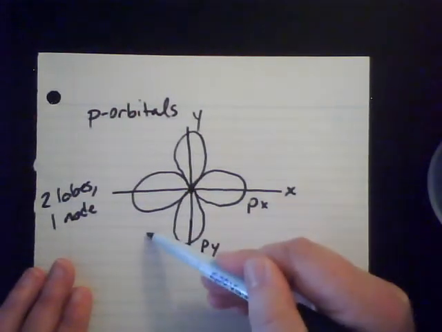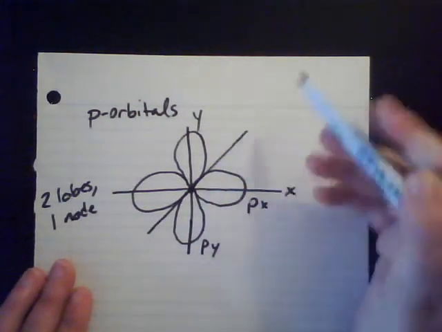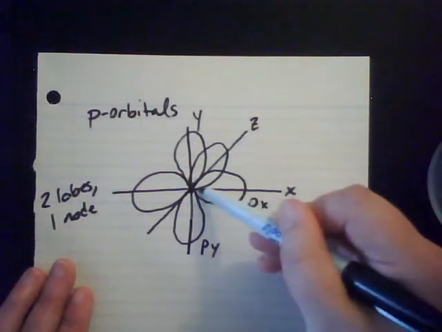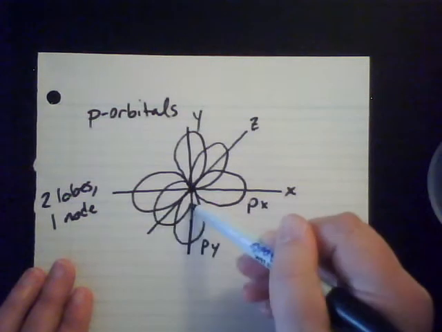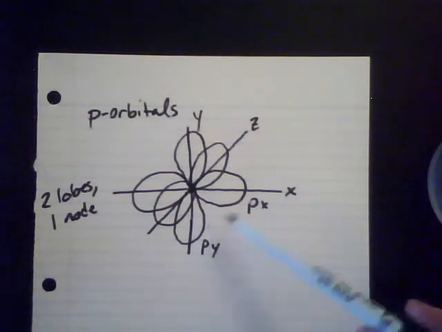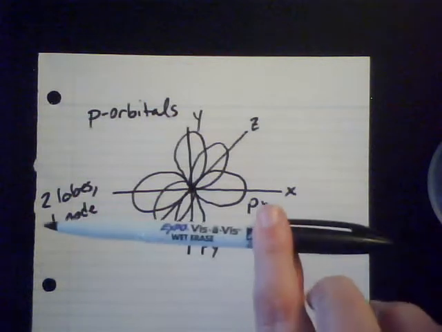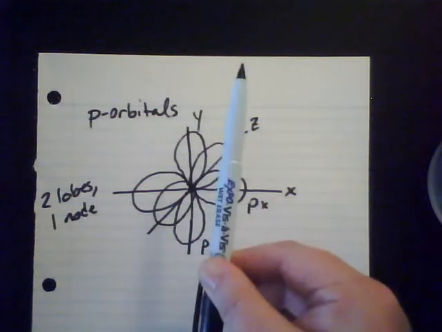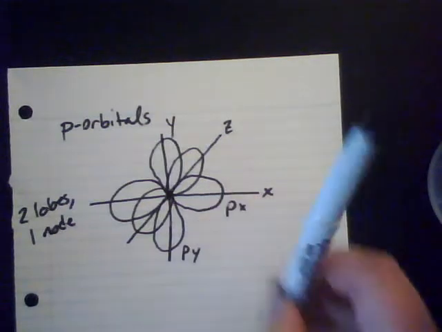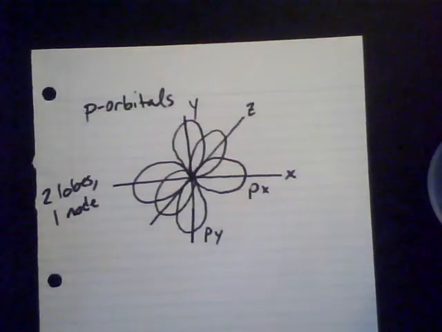And if we put a z-axis in here, and we have 2 lobes and a node, then we get something that looks like this. Okay, so here are my 3 p orbitals. There are 3 different orientations. I have an x, I have a y, and then I have a z that's coming in and out, if we're picturing this in the camera there.